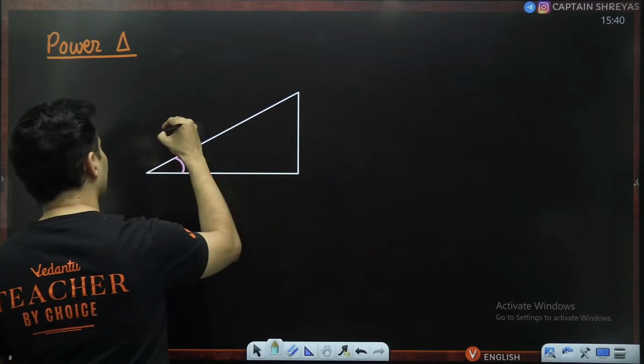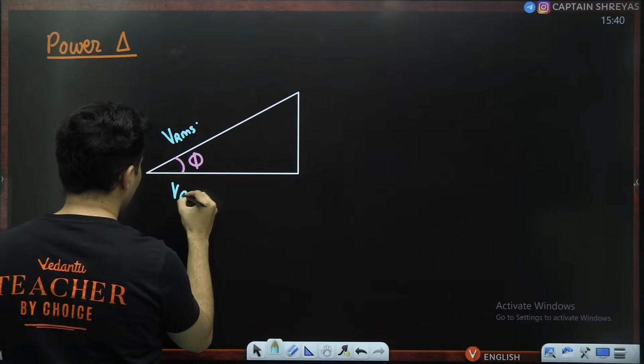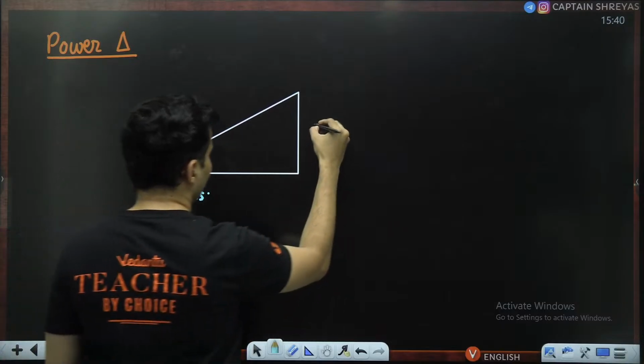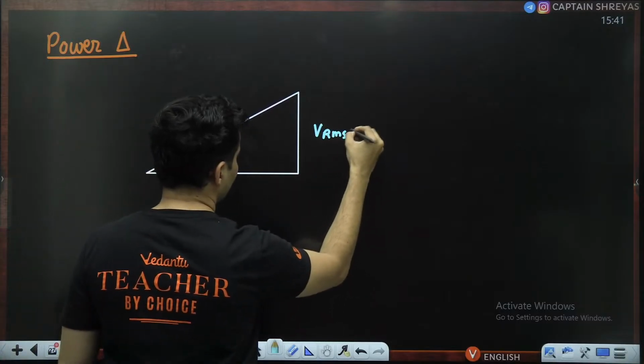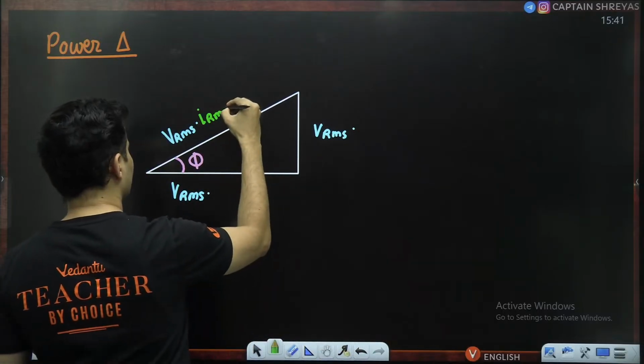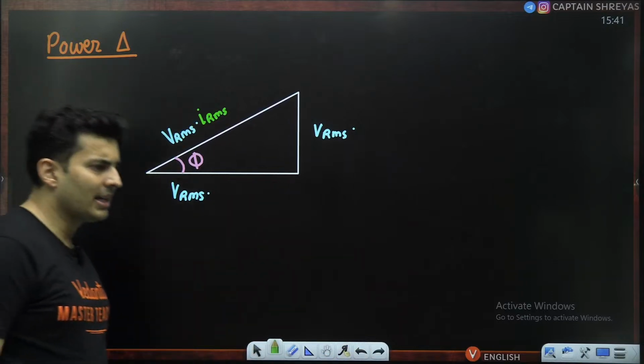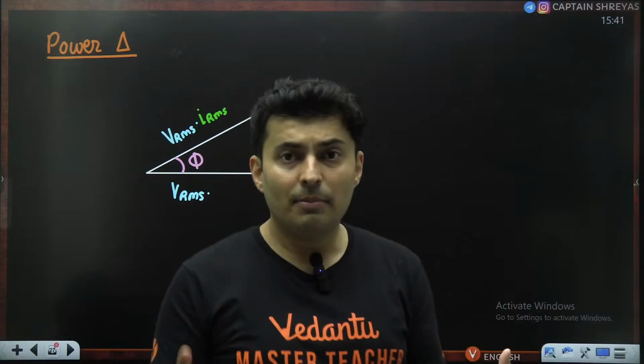I will write VRMS, IRMS. That's it. If I just multiply voltage with current, I should get the power.